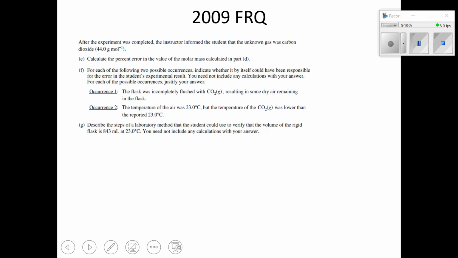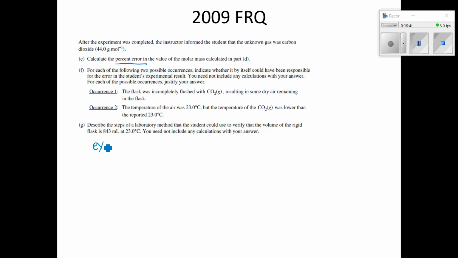And you will also notice some other things you might be asked to do, like percent error. And if you check your equation sheet, percent error, I don't believe is on there. So it's basically how far off you were divided by the original value there. So percent error would be, let's see, what we got for the molar mass.